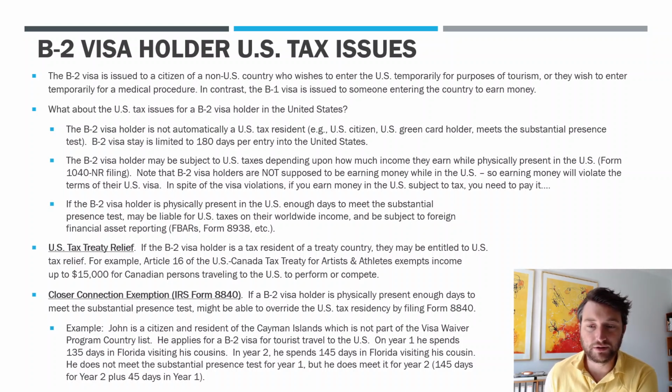Now, you'd have to file a return to claim the treaty benefits, but that option is available to you. And then the other thing with Canada is Canada is one of about 40 countries on a list that has a visa waiver program anyway. So Canadians normally don't have to worry about this.